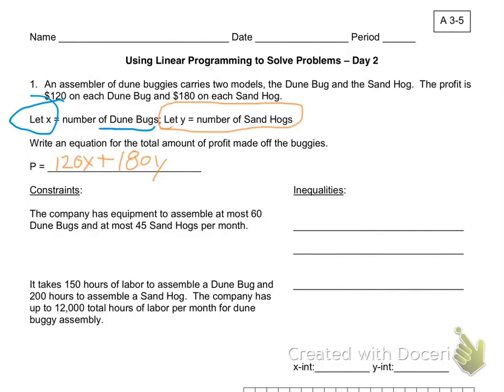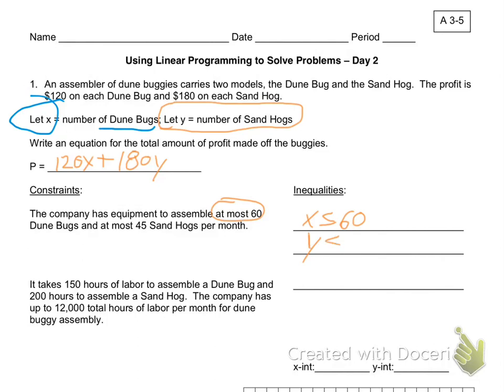So the company has equipment to assemble at most 60. So they can't make 61, they can't make 62, they have to keep it at 60 or below. So we're going to have that x has to be less than or equal to 60, and y has to be less than or equal to 45.